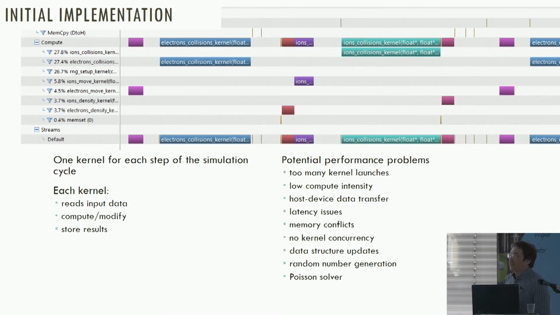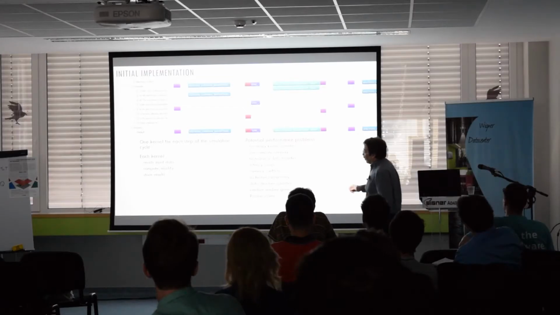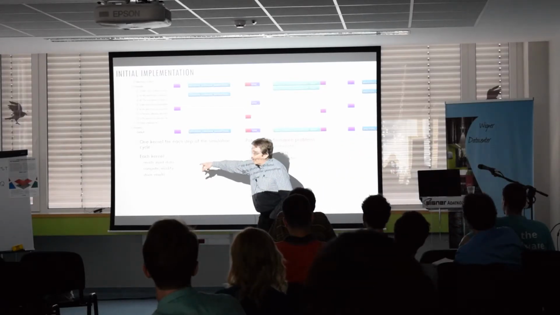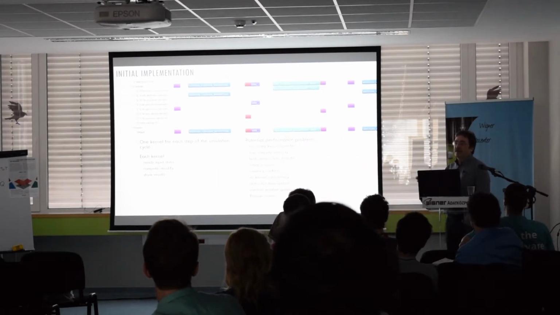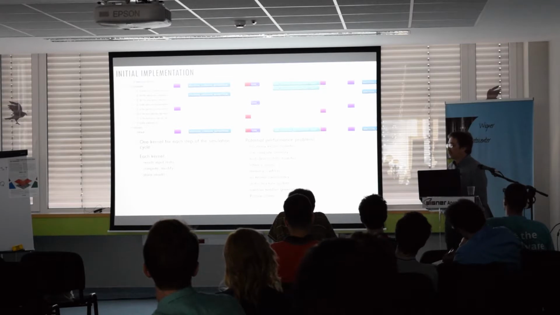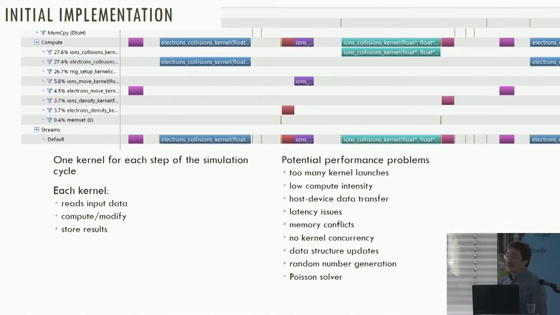The first attempt was, I think, twice as fast as the sequential one, and the card is obviously much more powerful than that. If we look at the kernels, each kernel will read data into the chip from the device memory, do some very little computation on it, modify some data and store results back, which is not a good recipe for high performance.